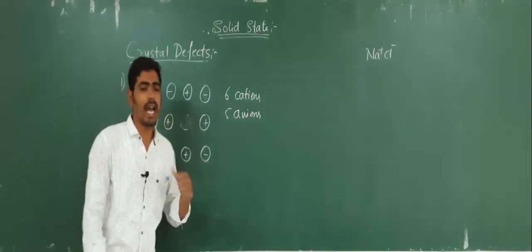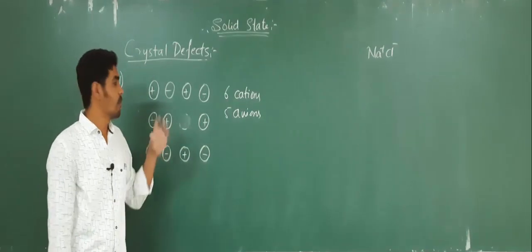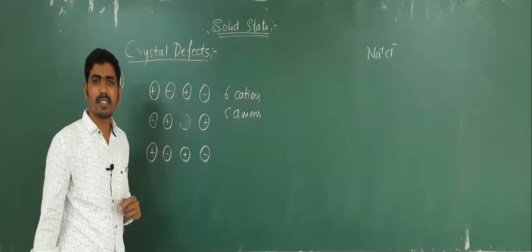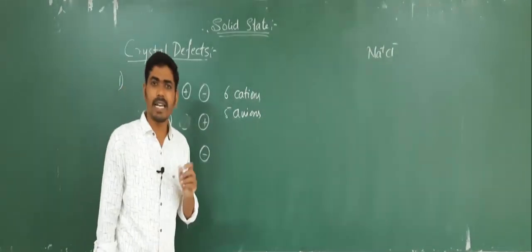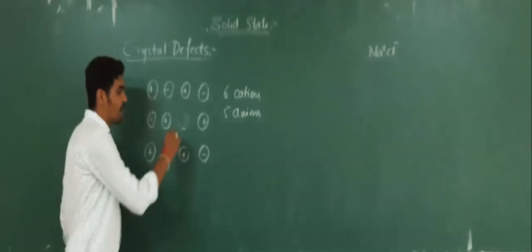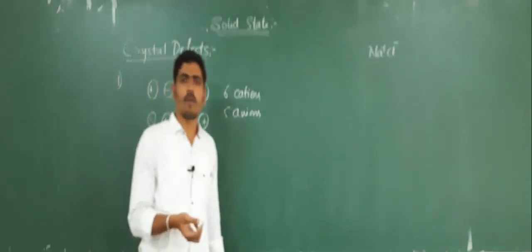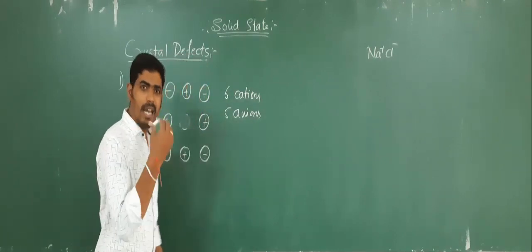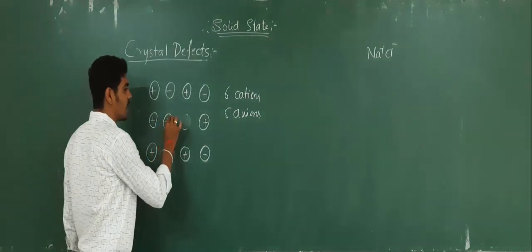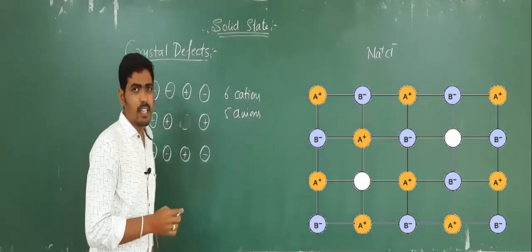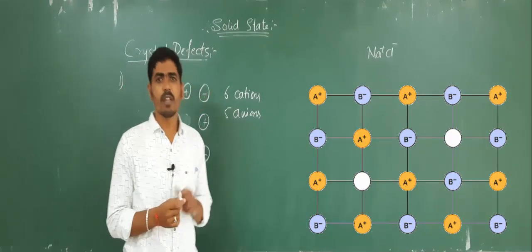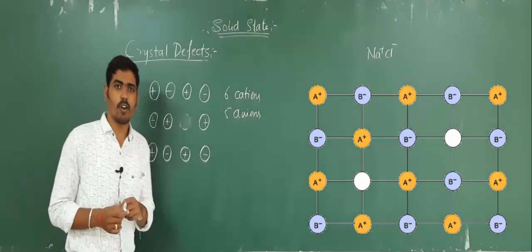But now, one anion is removed. As it is an ionic crystal, in order to maintain electrical neutrality, another particle gets missed from this crystal lattice. So whenever there is missing of one anion, immediately another cation will get removed, or it will also move along with the anion.